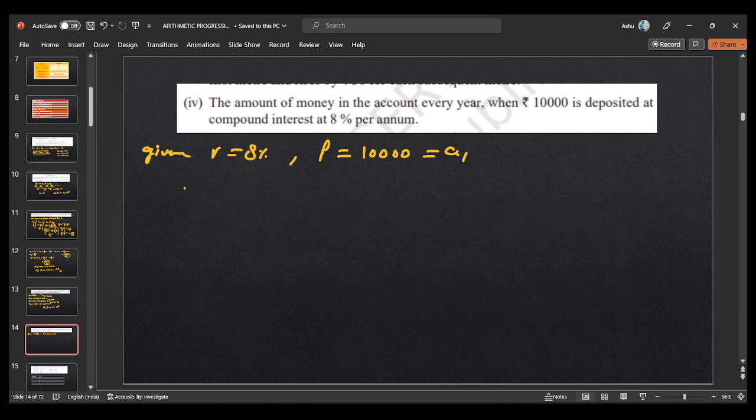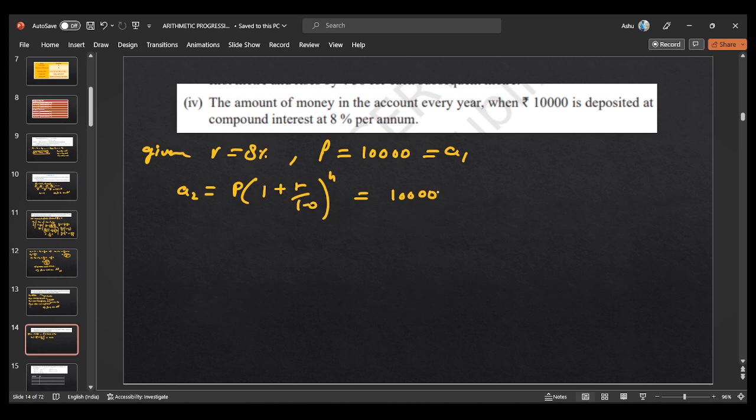Now for the second year, the amount will be A2. It will be the 8% compound interest of 10,000, the first term. So, according to the formula, A equal to P into 1 plus R upon 100 power n. N will be the number of times. So here P will be 10,000.